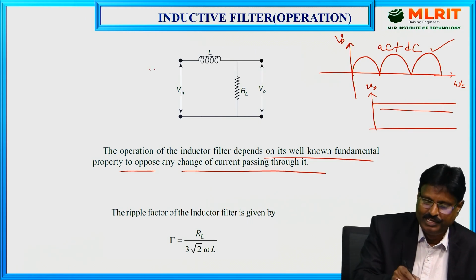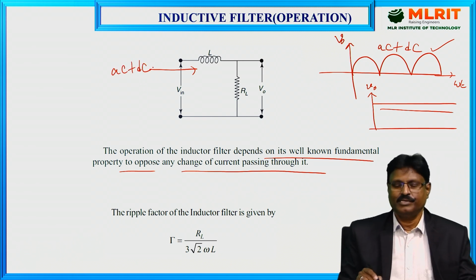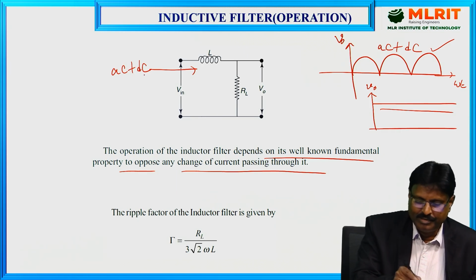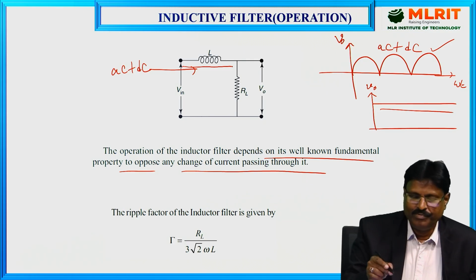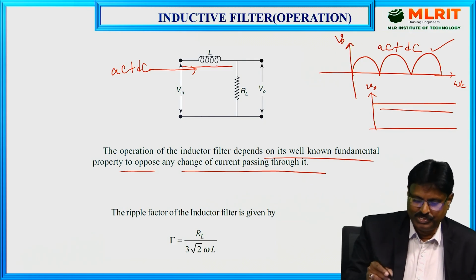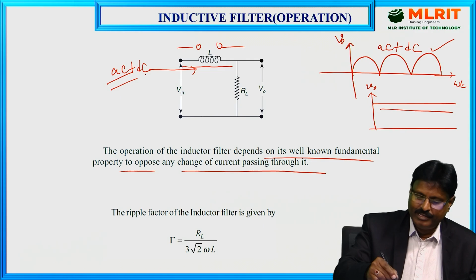The full wave rectified output contains both AC and DC components. Whenever the AC component is allowed through this inductive filter, it opposes. That means it acts like an open circuit, so it won't allow the AC current to pass through the load resistance RL.